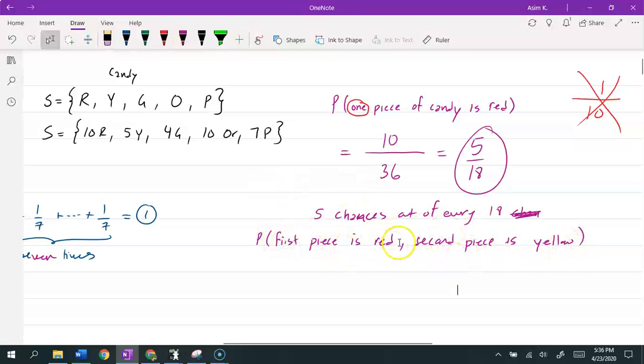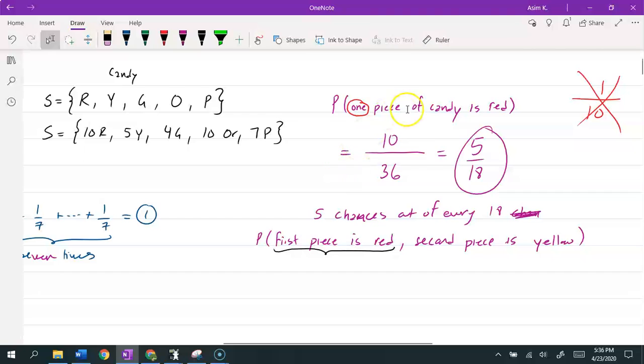All right. So what might this actually end up looking like? I realize you want 2 things to occur. You're asking for a lot. Okay. So let's see here. Let's talk about the probability of the first piece being red, right? So the probability that the first piece is red is really no different than the probability over here.